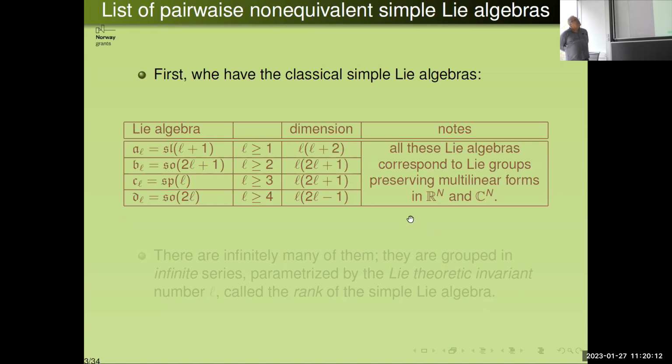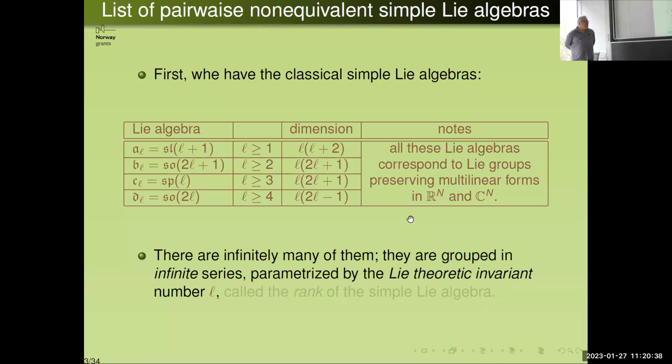This classification is over C. So these A_L are essentially SL, B_L and D_L are SO, and C_L are Sp_L. And what is nice about these algebras, that all of them correspond to Lie groups preserving multilinear and actually bilinear forms in R^n or C^n. Okay, so that's what they are, and there are infinitely many of them.